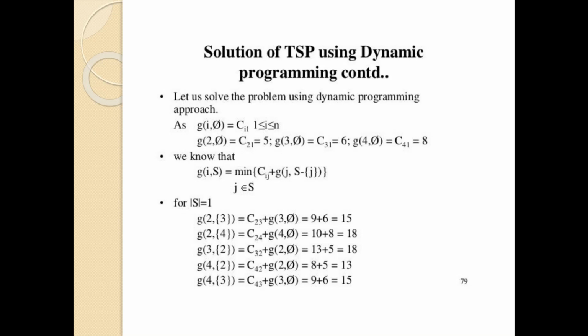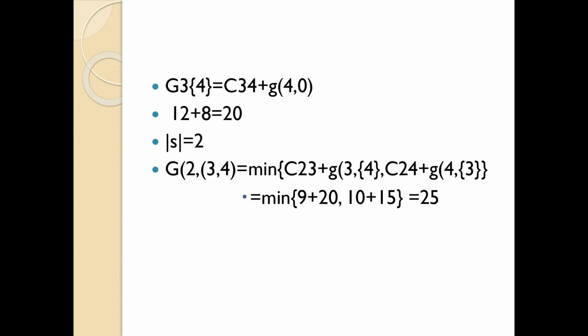Then mod S equal to 2. Considering cost of 2 comma the set 3, 4, we calculate cost of 2 3 and cost of 2 4. From this we take the minimum cost, which is 25.